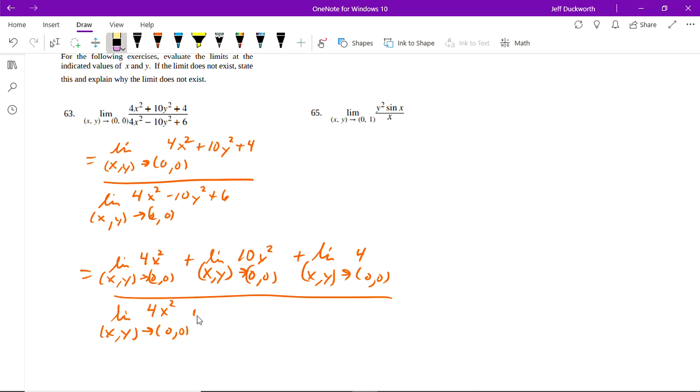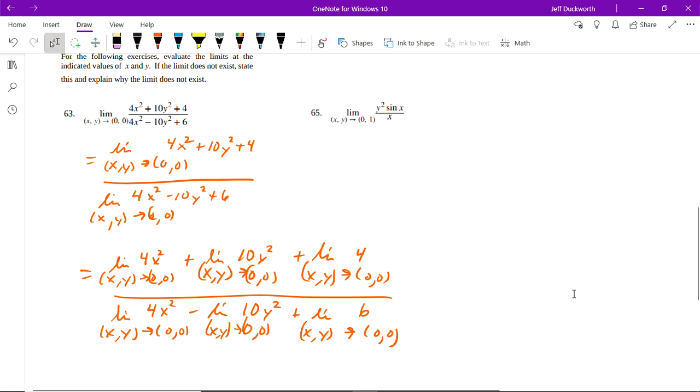Excuse me, that's minus, not plus. So 10y squared. And our constant here is 6. All right, so now this changes.